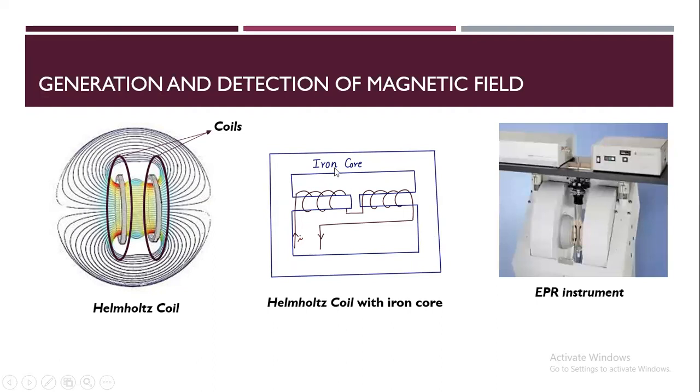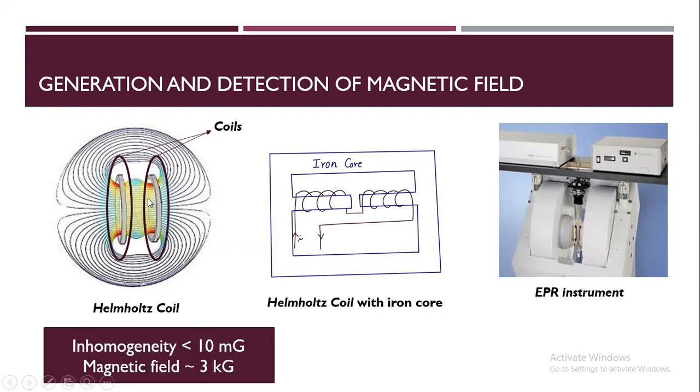In this real picture of the EPR spectrometer, these two big cylinders are the Helmholtz coils, and this big rectangular bar is the soft iron core. This is the very fundamental structure we use for the generation of the magnetic field. These are the pole pieces which you can see, and this is the cell bar from which we put in our tube, the sample cell tube.